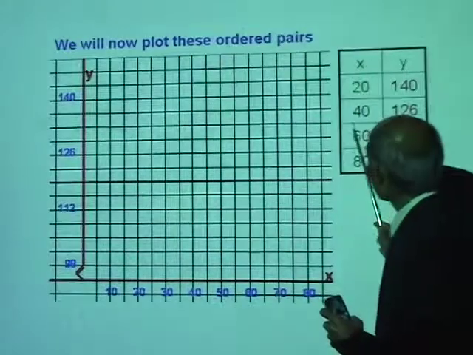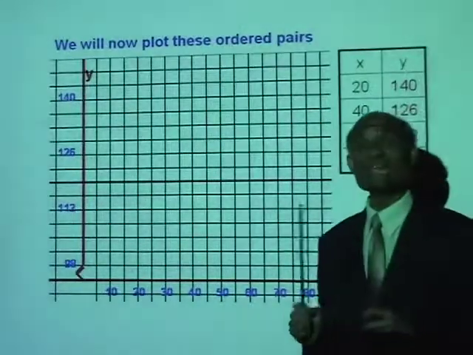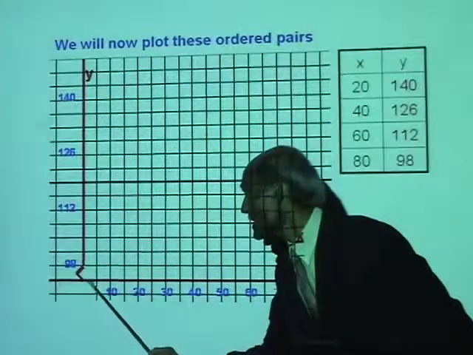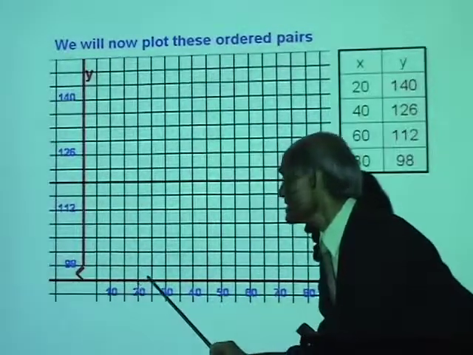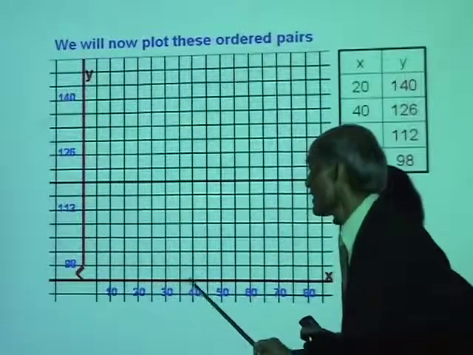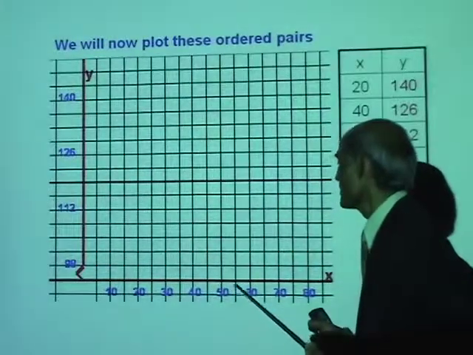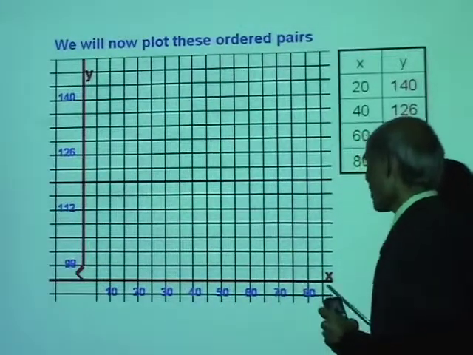I know my x values have to go up to 80. So each division I called 5. You see 5, 10, 15, 20, 25, 30, 35, 40, 45, 50, 55, 60, and so on are the x values.